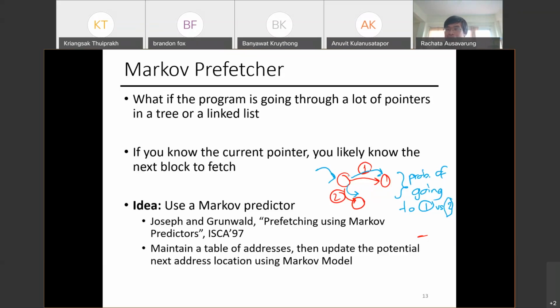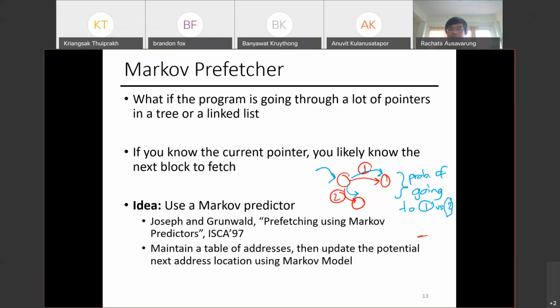The problem with the Markov prefetcher is, first of all, it will take some time to train. It will be too slow to train if the data is huge. The next problem is that it's going to take a lot of memory. The table will be huge, and that area can be used for something else. So this is not really cost efficient to apply.